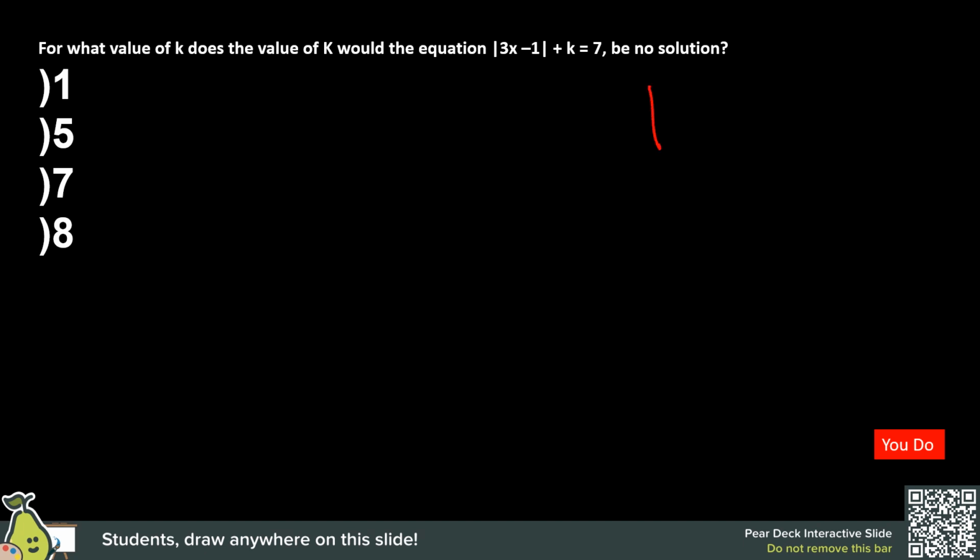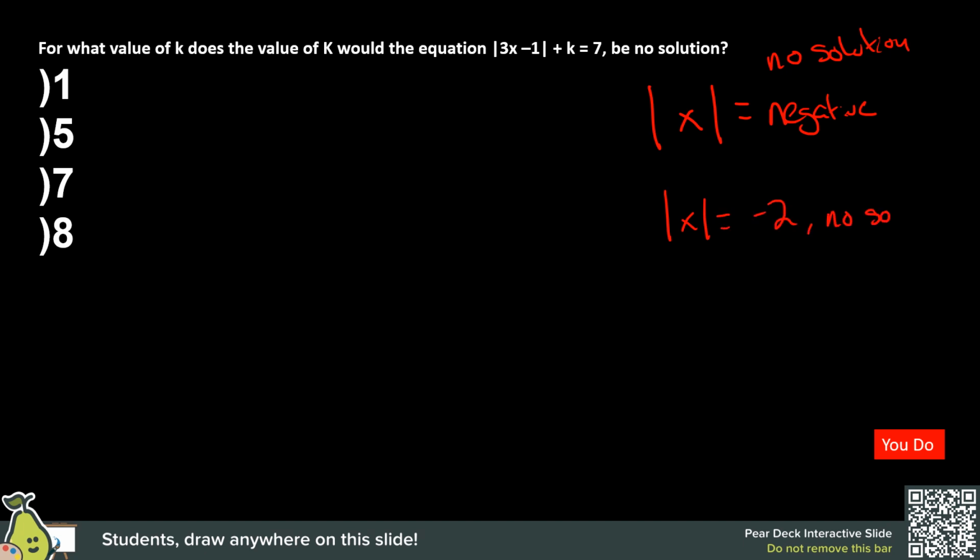If I have some absolute value of x equals a negative value, the reason for this, guys, this is going to be no solution. If we have the absolute value of x equals, like, let's say -2, this is no solution.